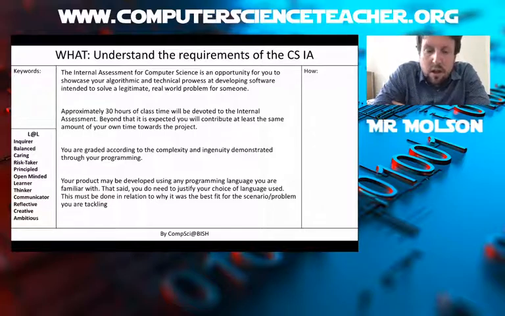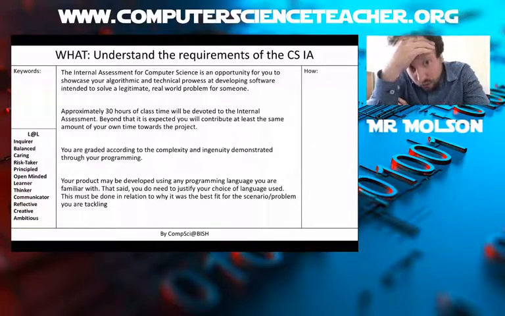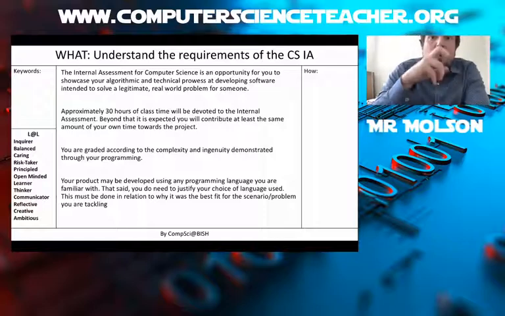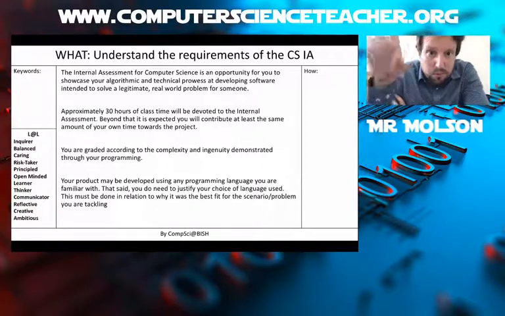Now, this gets forgotten quite a lot in the internal assessment. Just because you learn Java doesn't mean that Java has to be the language that you use for your IA. The way you need to look at this is you need to start by identifying a problem. And this is the mistake that people make.